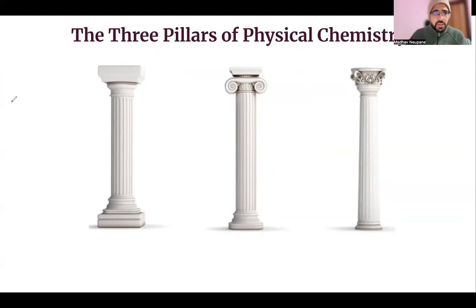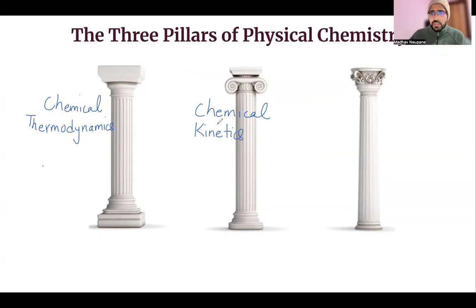These topics are mainly thermodynamics. We've heard about thermodynamics everywhere. So I'm going to call this chemical thermodynamics. The second one is chemical kinetics, or kinetics, whatever you want to call it. And the third one is chemical equilibrium.